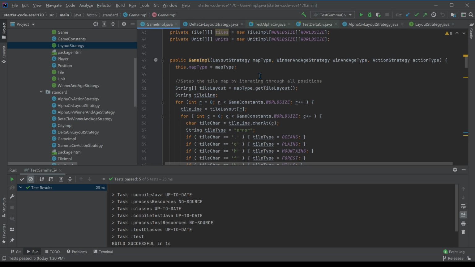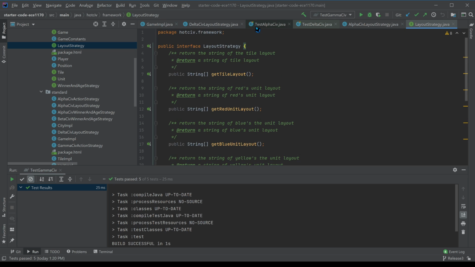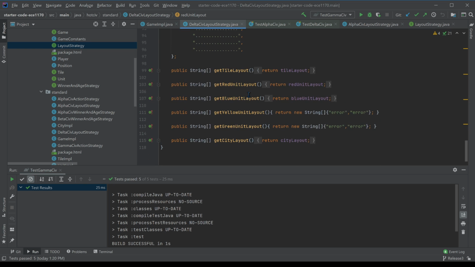Then at the beginning of the code, I take the tile layout directly from that map type, and this delegation function of get tile layout in layout strategy is able to grab the tile layout in DeltaSieve layout, for instance. So down here, I have get tile layout, and it just sends that string of characters to game implementation.